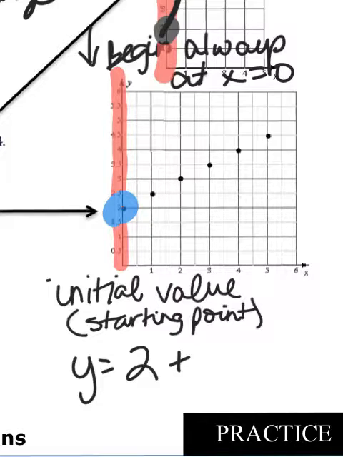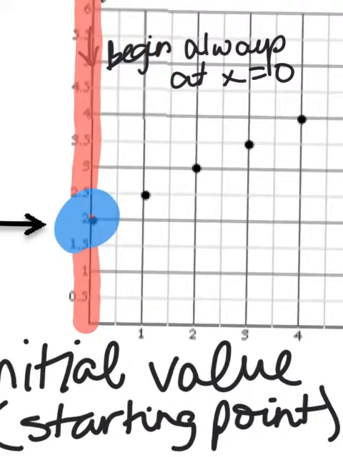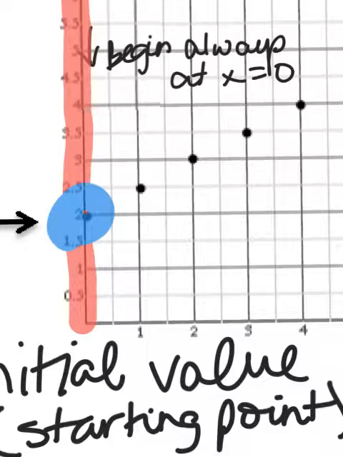Okay? So now I just need to figure out how much they're increasing by. Here, if I move over 1, I'm going up by a half. Right? And from this point here, I move over 1, but I'm only going up by a half.